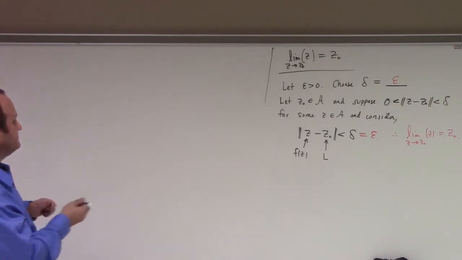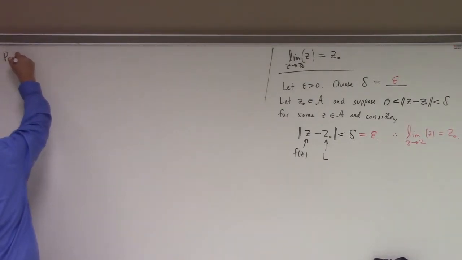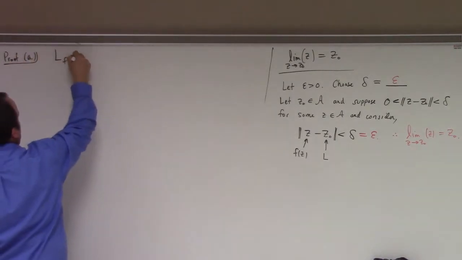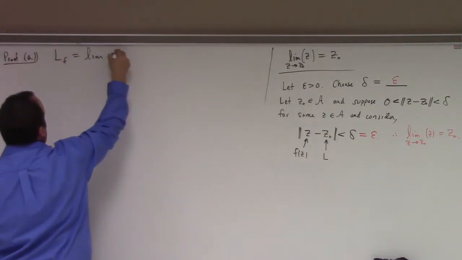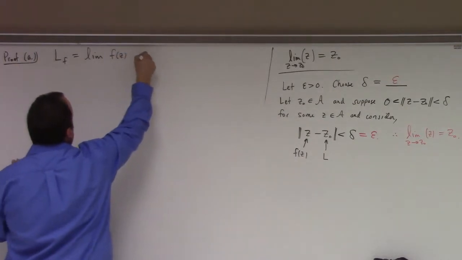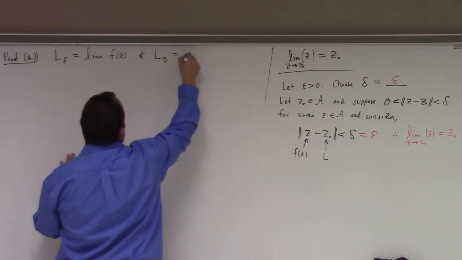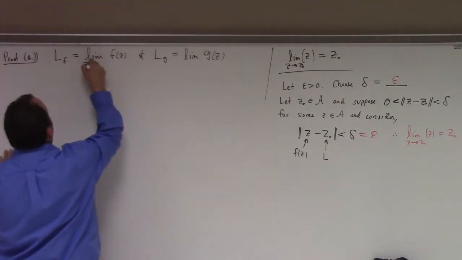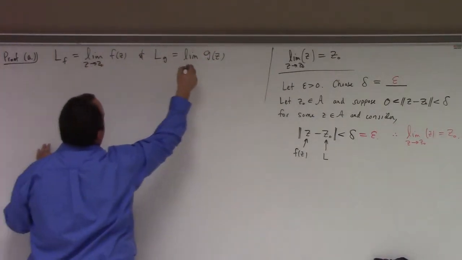So we're given that L sub f is equal to the limit of f of z, and L sub g is equal to the limit of g of z, as z goes to z naught.